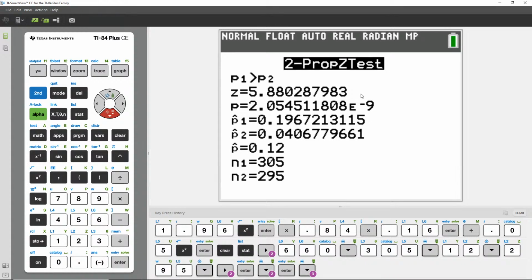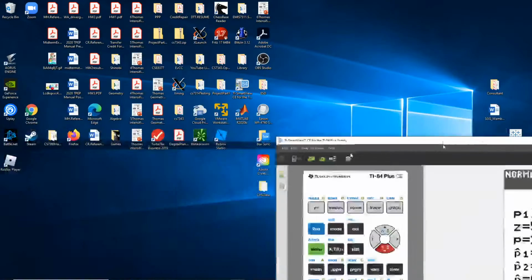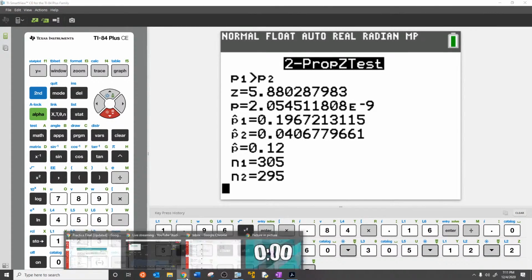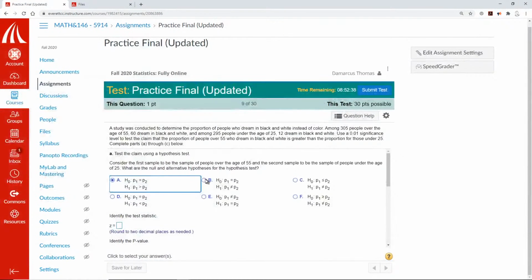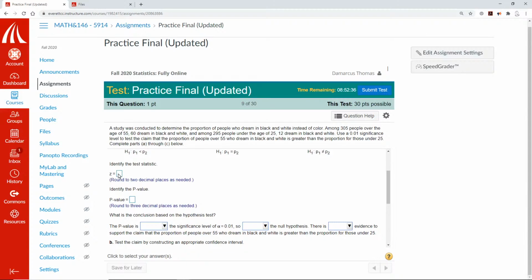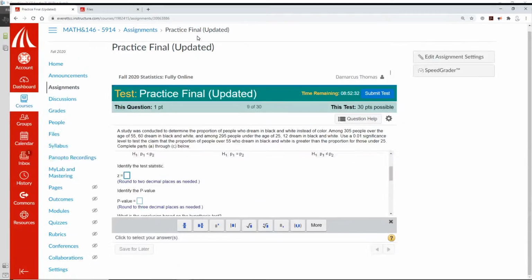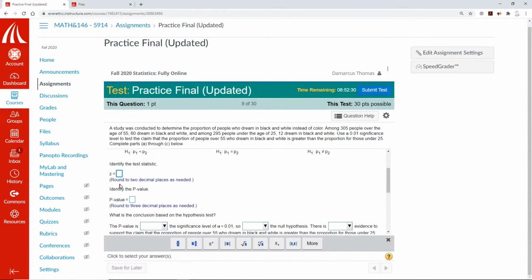We definitely get to reject the null. We have conclusive evidence. So first, identify the test statistic, 5.81. You always round that to 2 places because it's a z-score. The p-value rounded to 3 places, 0.